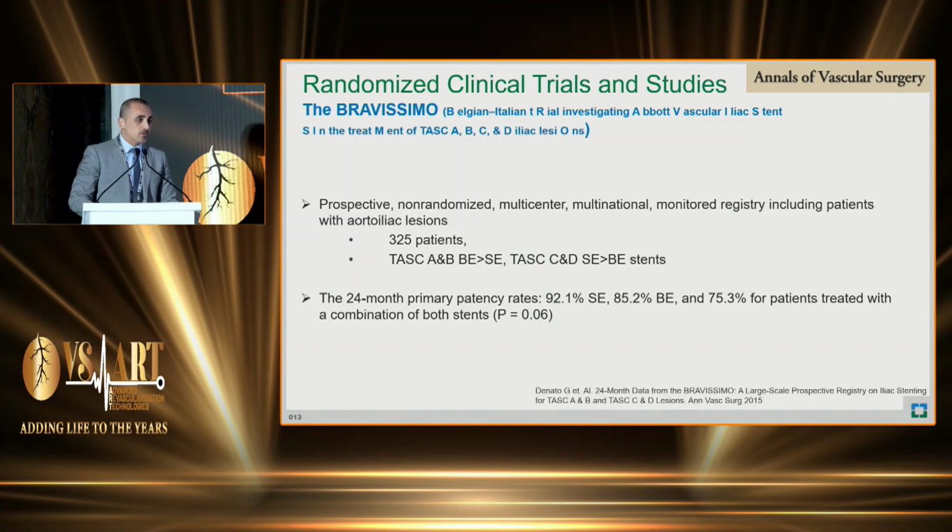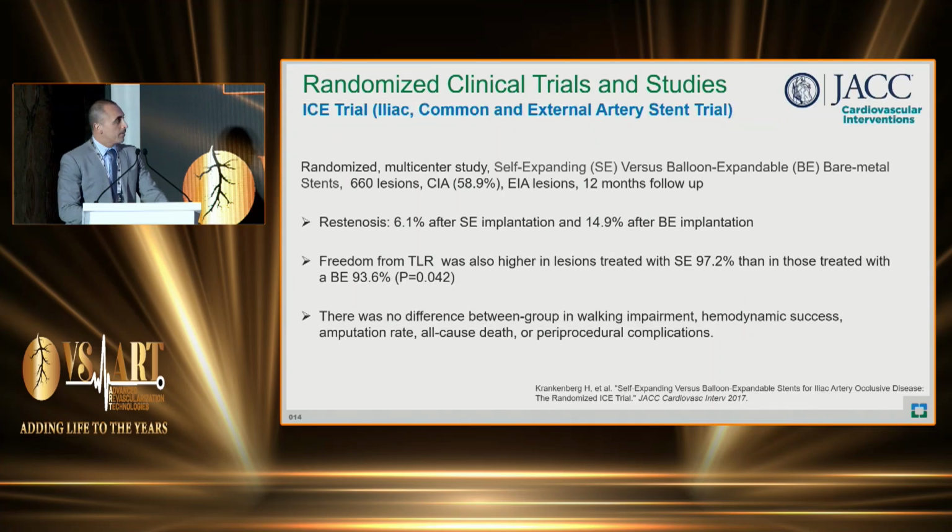However, the PROVISMO registry, which was a non-randomized, multicenter, multinational, industry-sponsored study, showed the 24-month primary patency for the self-expanding stents was better than the balloon-expanding stents and the combined stents. Also worth mentioning, the combined stents were used for complex vascular cases. So now we have a mild preference towards the self-expanding.